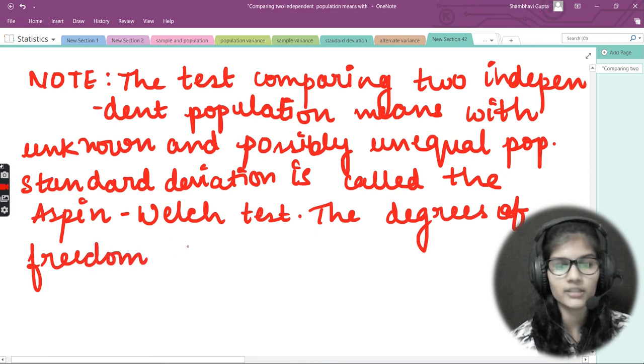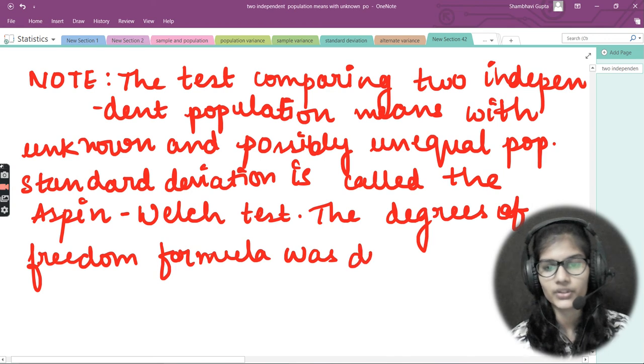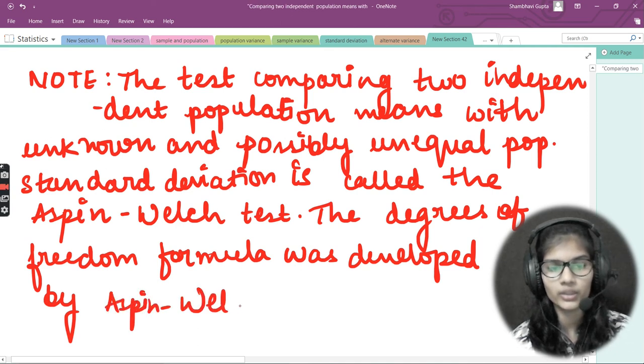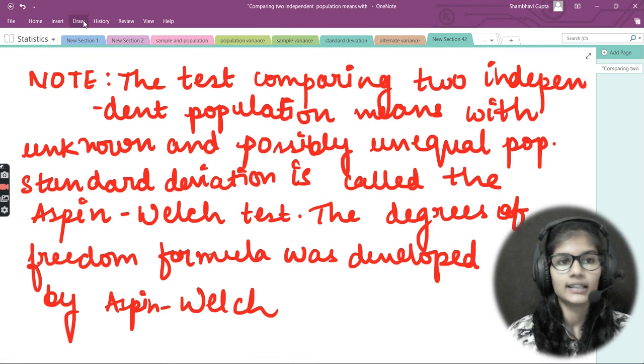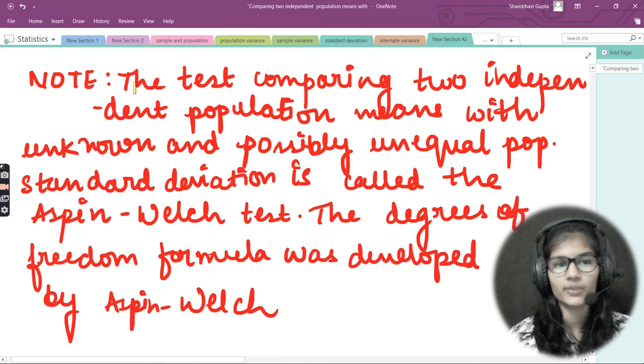So the degrees of freedom formula was developed by Aspin-Welch. Now, this is a very important thing that you should pay attention to. This is one of the notes that we are going to discuss.